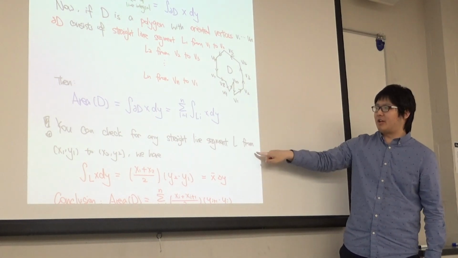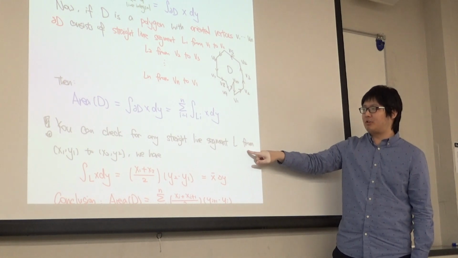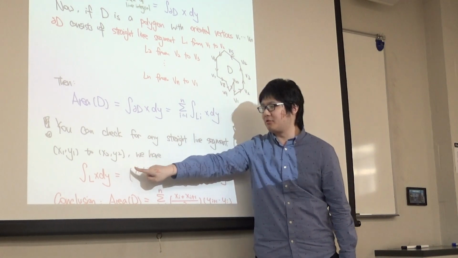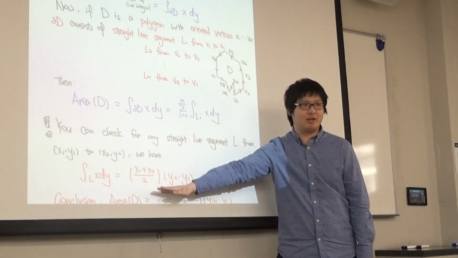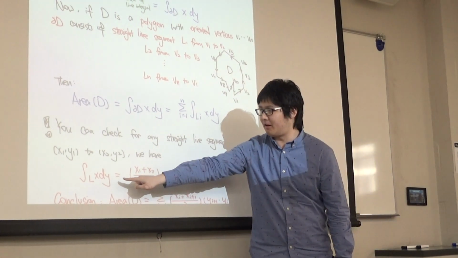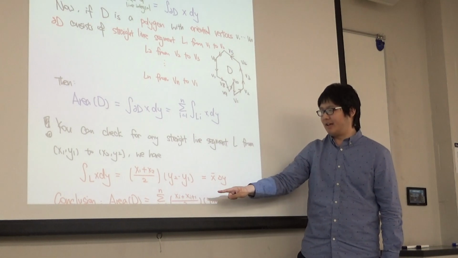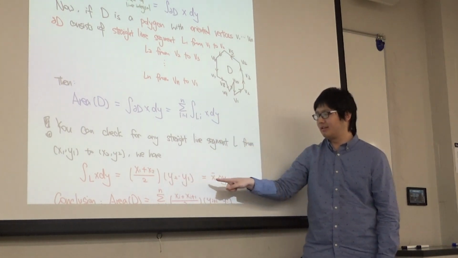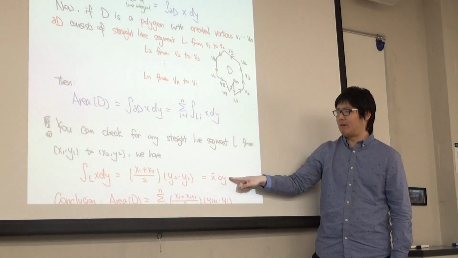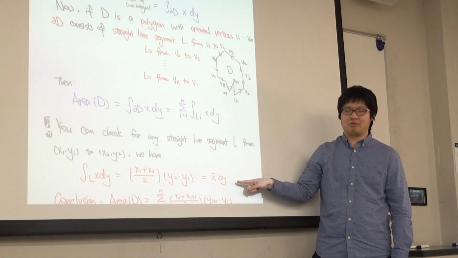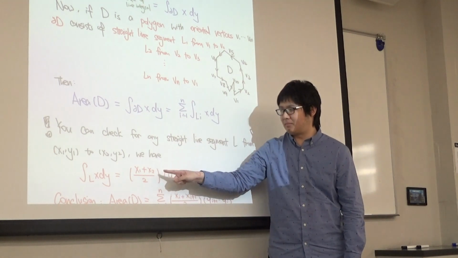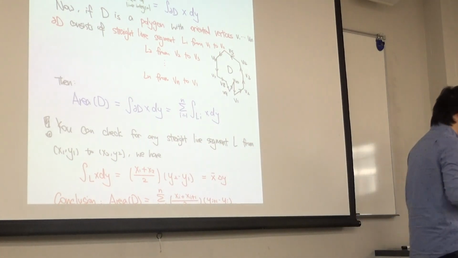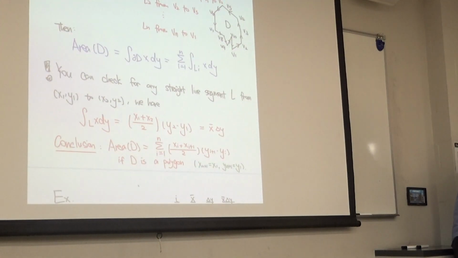And then you can check that for any straight segment from (x1, y1) to (x2, y2), we have this formula here. The integral of x along L is the mean of x1 and x2 times the difference of the y's: (x1 + x2)/2 times (y2 - y1).